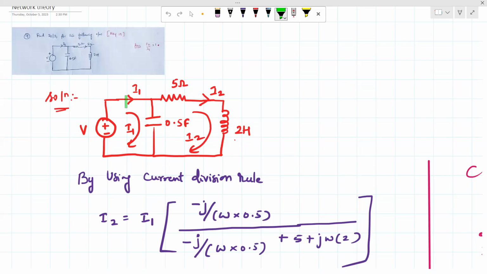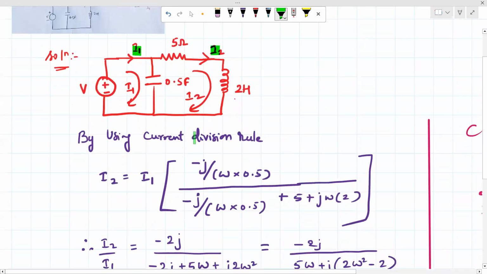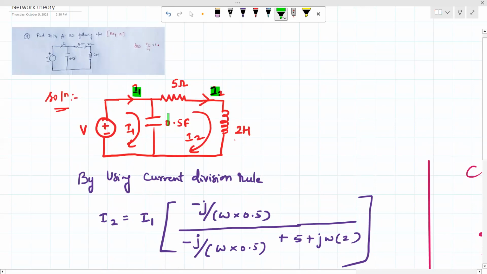The current flowing in mesh 1 is I1 and the current flowing in mesh 2 is I2. Here you need to find the ratio of I2 by I1. I1 and I2 are mentioned in the question, so we have assumed the same directions as given.